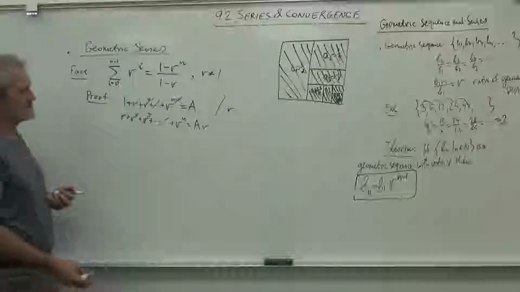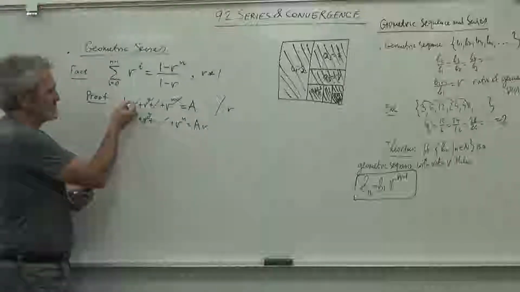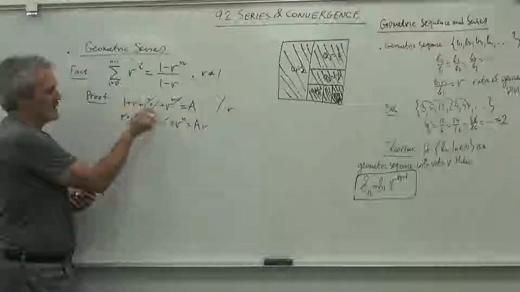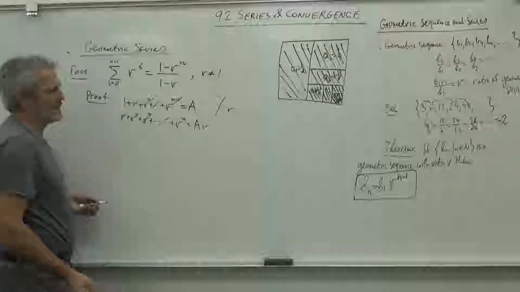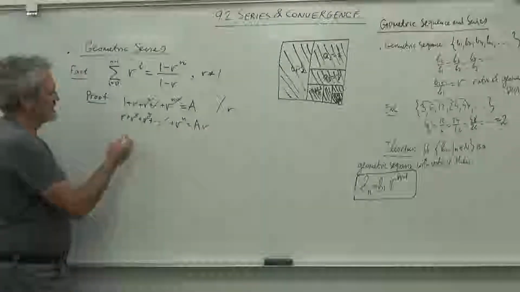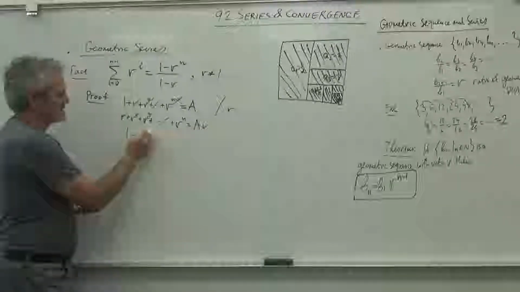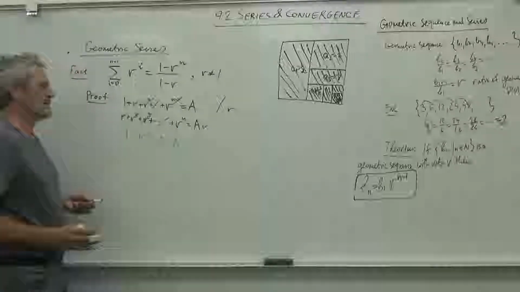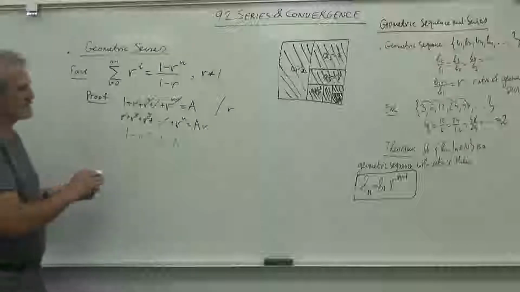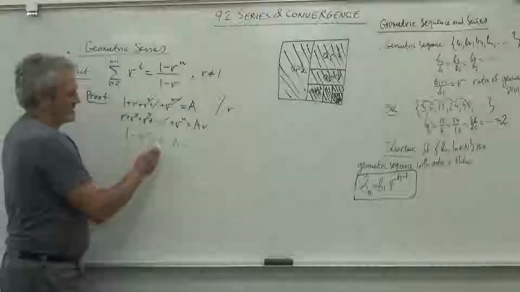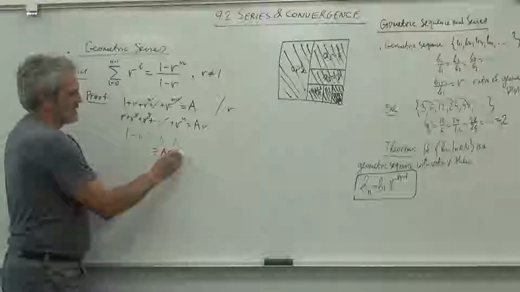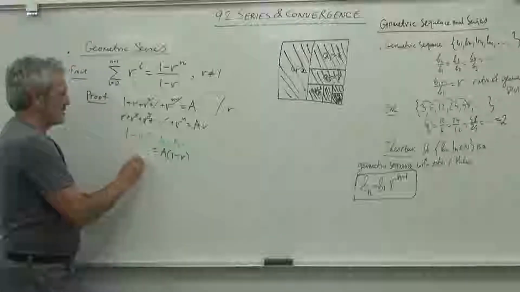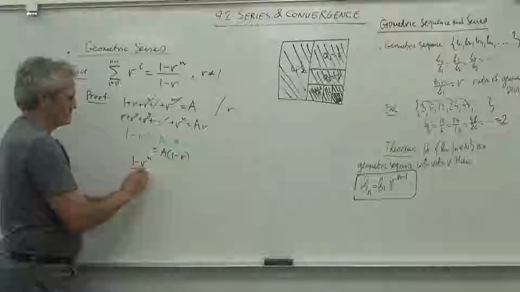So when we subtract, just the first member on the upper line and the last member on the lower line are left. So we just get 1 minus R to the n equals A minus AR. And then we factor out A: this is A times (1 minus R). Then when we divide, we get our formula.